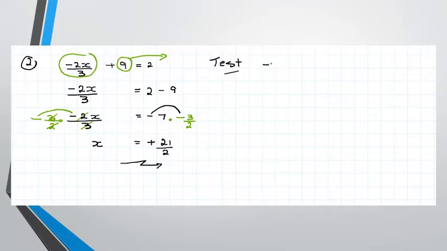I'm going to have minus 2x divided by 3 plus the 9 equals 2.